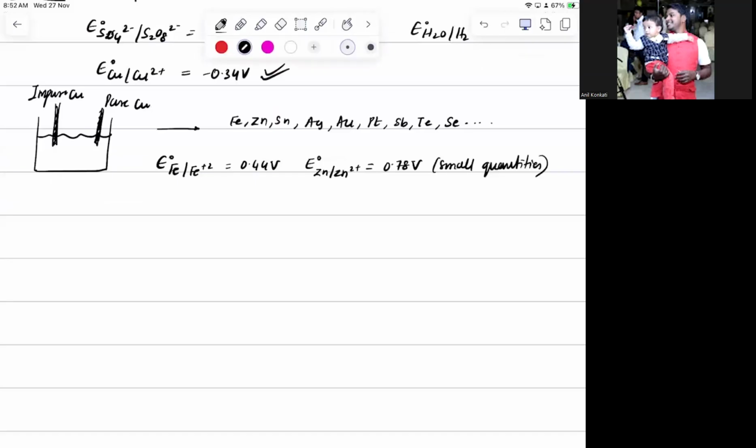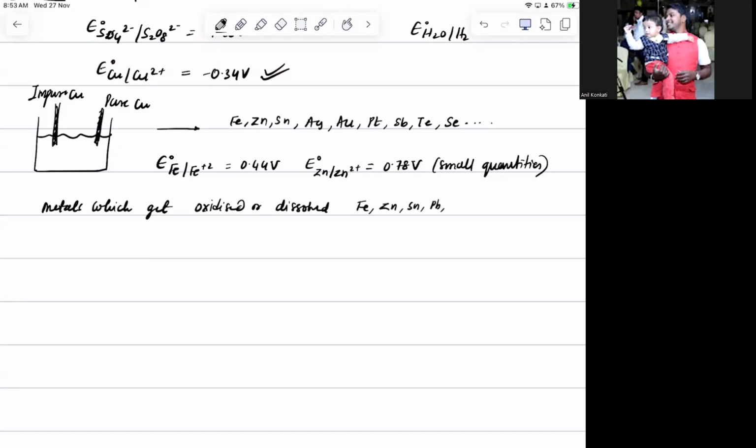So metals which get oxidized or dissolved include iron, zinc, tin, to some extent lead, nickel, cobalt, chromium, and so on.